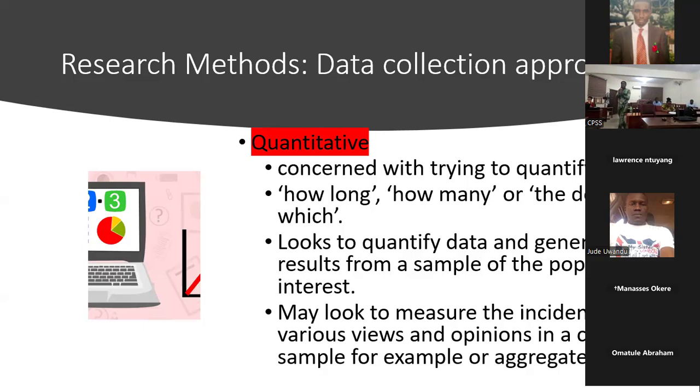In quantitative research, you are interested in how long, how many, the degree to which. You also want to generalize. You want to take a sample and use what you got from the sample to make conclusions for the population.